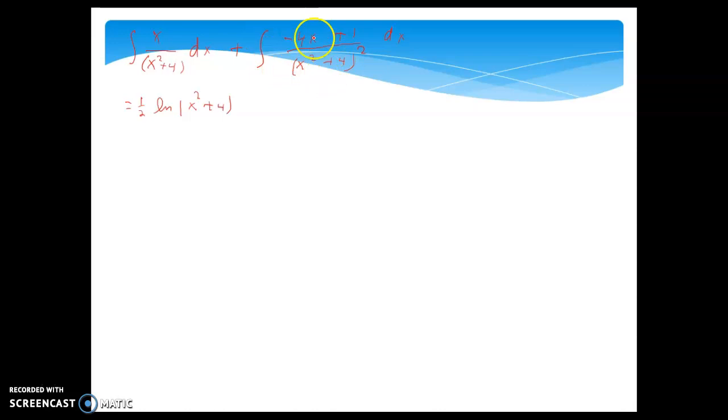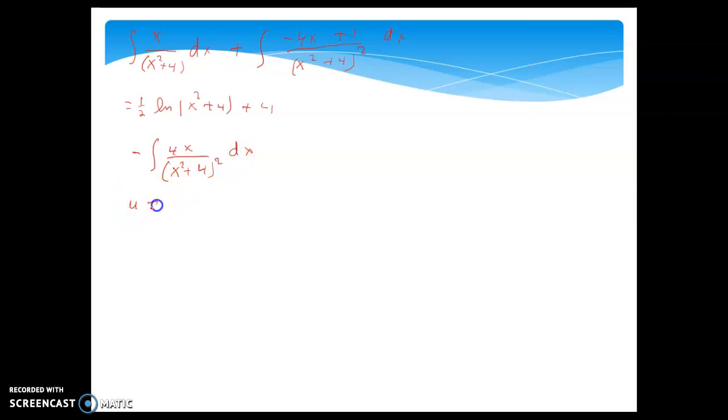For the second part, the integral of negative 4x over (x squared plus 4) squared dx, I'm going to use u substitution.